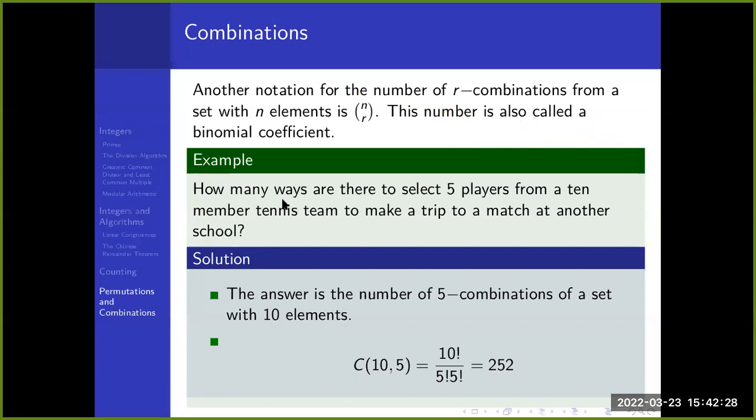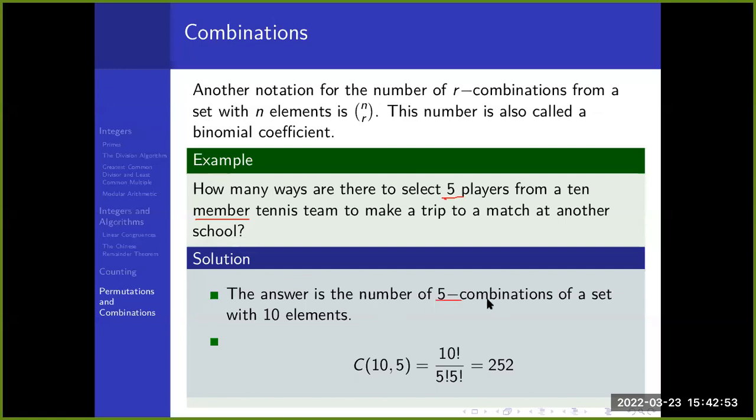So here is an example. It says, how many ways are there to select 5 players from a 10-member tennis team to make a trip to a match at another school? So here we don't care about order. We just want the 5 players, and we are picking them from a team with 10 members. So the answer is quite clear.